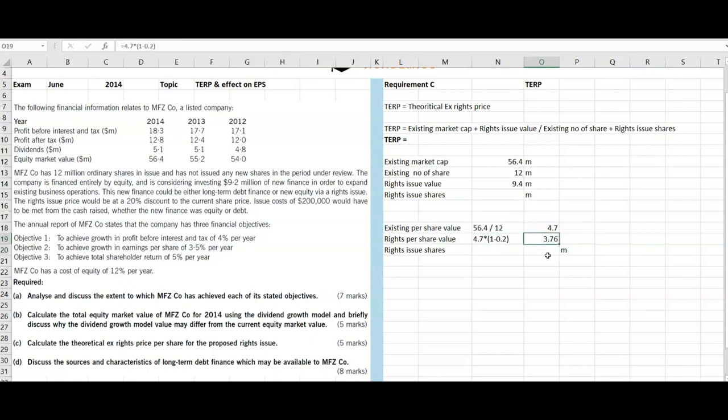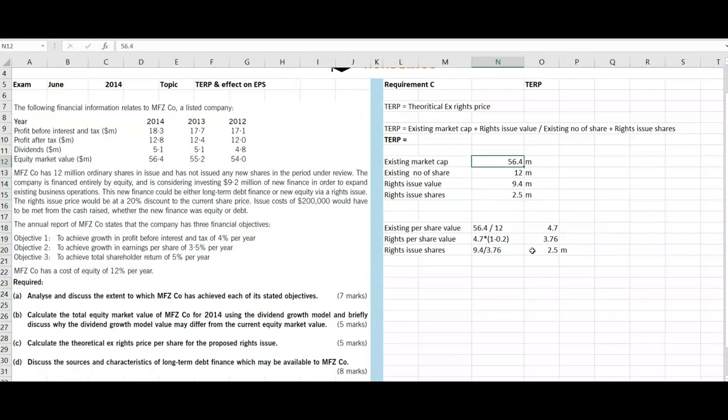Now this 9.4 million is the amount we have to raise, and 3.76 is the value per share. This will give us the number of rights shares that have to be issued. This number is in millions. So the total number of rights shares to be issued will be 2.5 million shares.